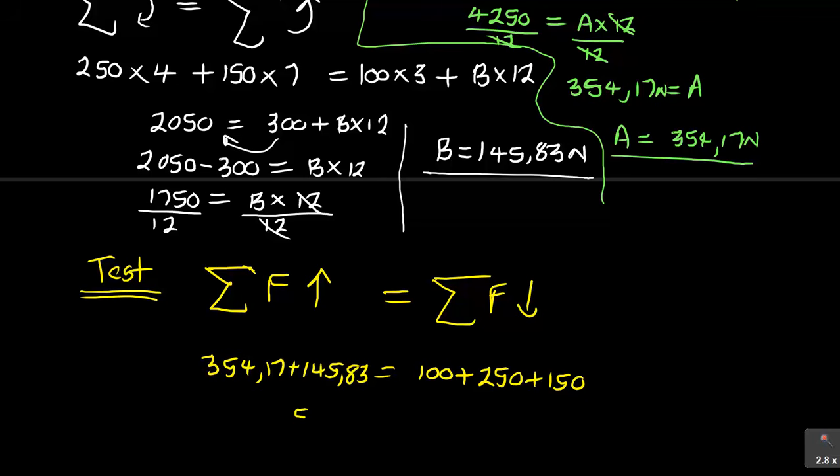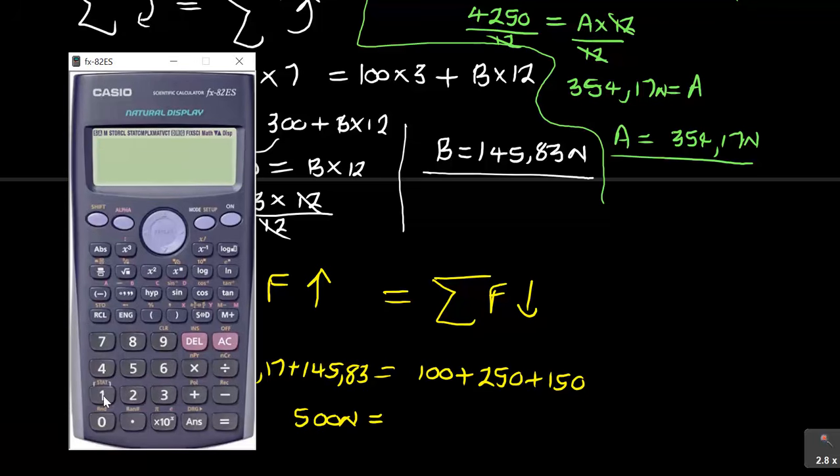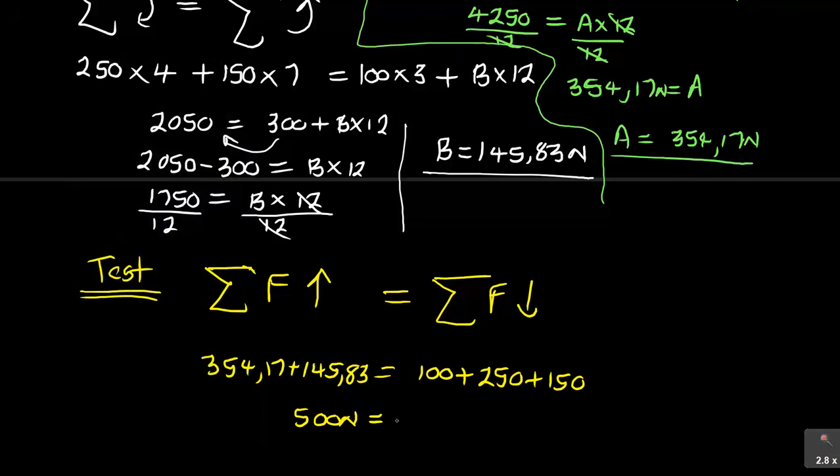So I've got 500 newtons on the one end, which is equal to, then I also add the other side, which is 100 plus 250 plus 150, and again it is 500. So you can see now that this balances, which means my B and my A, they are correct as far as this is concerned. So that is how we work on this question.